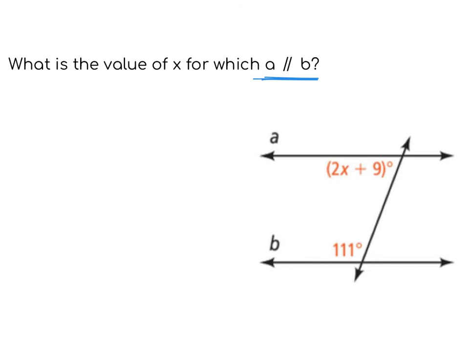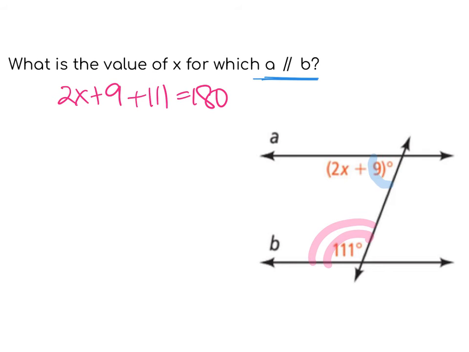So if I'm looking at this, these are same side interior angles, and so they have to be supplementary. So together these two need to add to 180. So I'm just going to say 2x plus 9 plus 111 equals 180. Because if these two are supplementary, then I can say that these lines are parallel, and that's what we want to prove.